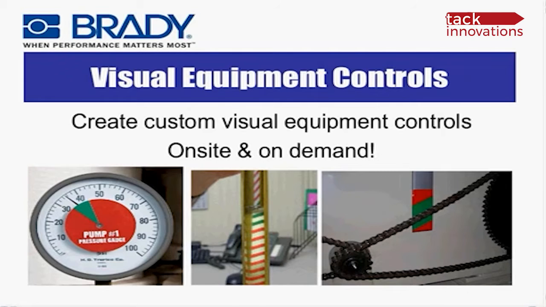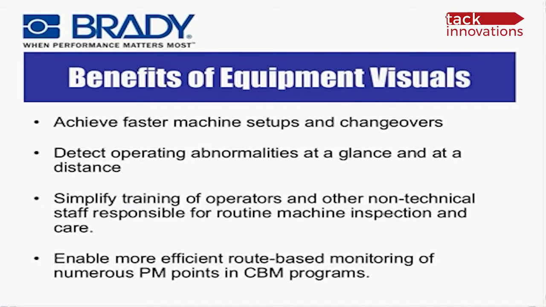The use of such visuals has many benefits, including faster setup and changeover times with less risk of mistakes, and the ability to detect operating abnormalities at a glance and at a distance. This is especially important in autonomous maintenance programs where machine operators and other non-technical people are responsible for routine equipment care.